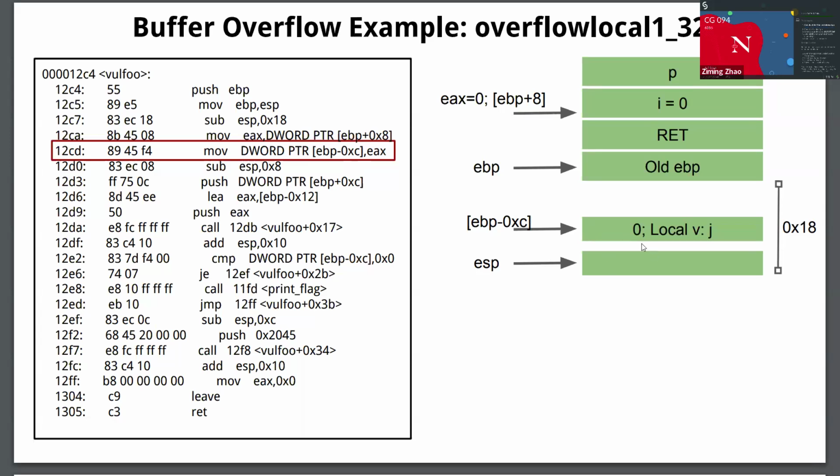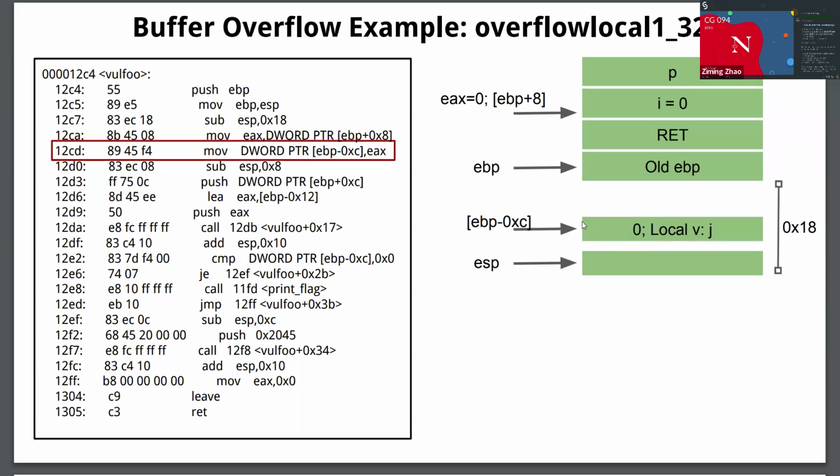Then EBP minus C is somewhere higher than where ESP points to. So now we know that local variable J is at EBP minus C, and now it has a value 0.